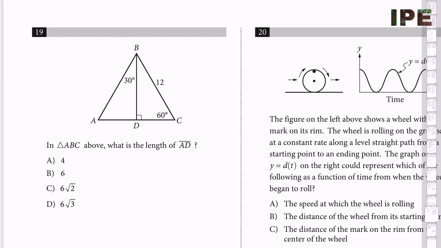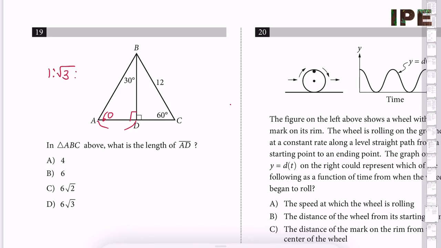Number 19. In triangle ABC above, what is the length of AD? It asks for just the length of AD, this length. This is 90 degrees, and this is 30 degrees, so this is 60 degrees. I told you the ratio of the sides of a 30, 60, 90 degree triangle: 1, 2, square root 3.